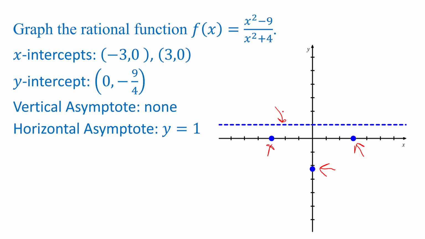Okay, from here, let's see what we need to do to graph this function. Well, the only place that my graph will cross from above to below the x-axis would be at either vertical asymptotes or x-intercepts. Since there are no vertical asymptotes here, I'm going to pay some attention to the x-intercepts.